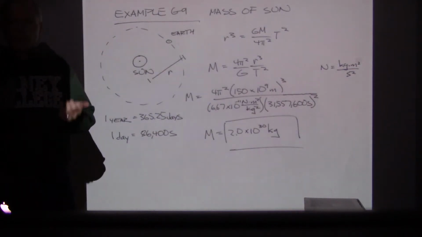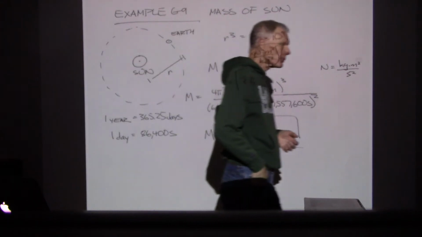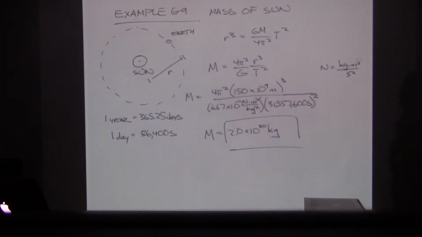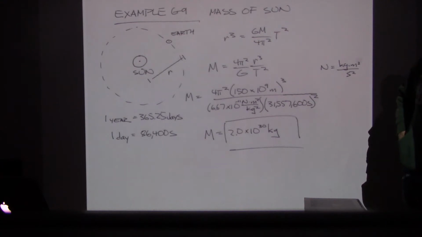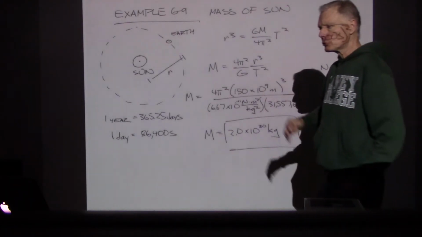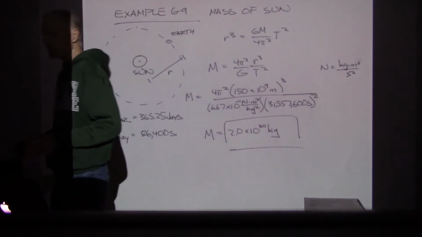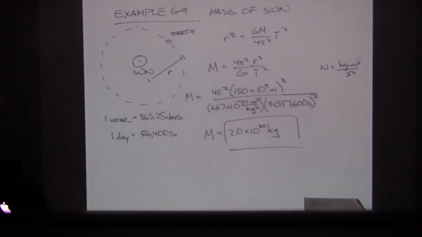Now, there's some other interesting examples that go along with this. If we ask when were the first reliable measurements of the mass of Jupiter determined, those were back in the late 1600s, I think around 1675.